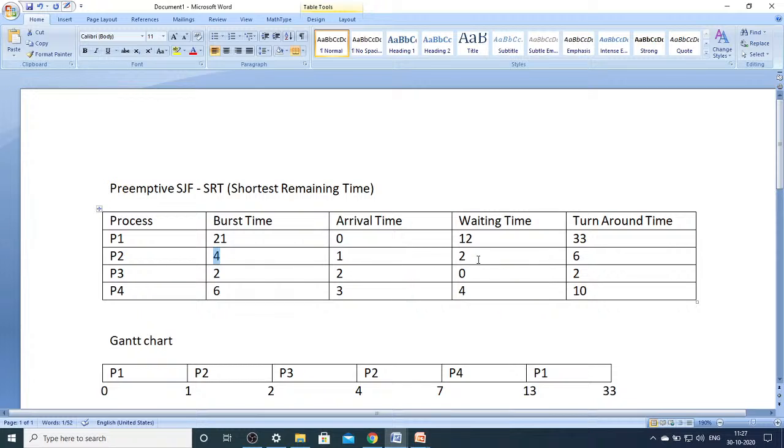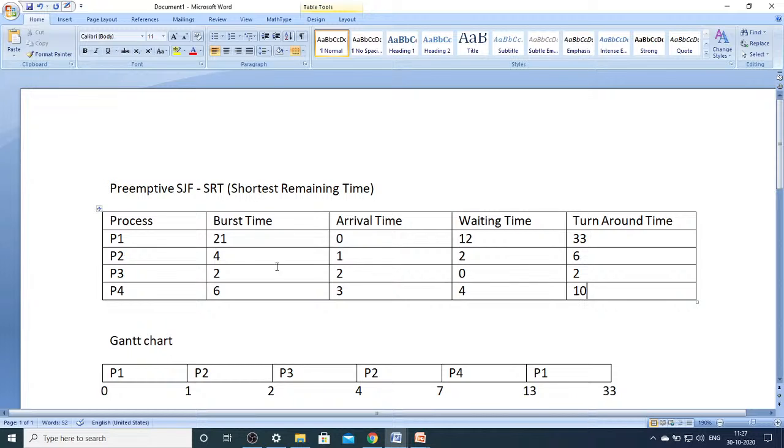So the balance 2 seconds only it has been waiting. Likewise, P3, whose turnaround time is 2, and all those 2 seconds were being executed by P3. That means P3 did not wait. So P3's waiting time is 0. And lastly, P4, whose turnaround time is 10, out of these 10 seconds, P4 has executed for 6 seconds. That means the remaining 4 seconds it has been waiting. This is how you are going to get it.